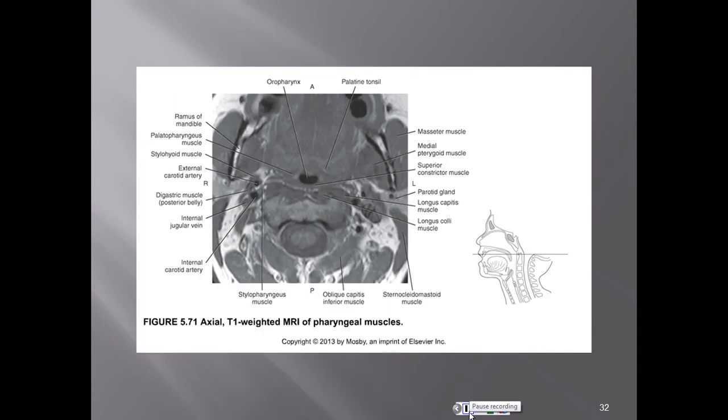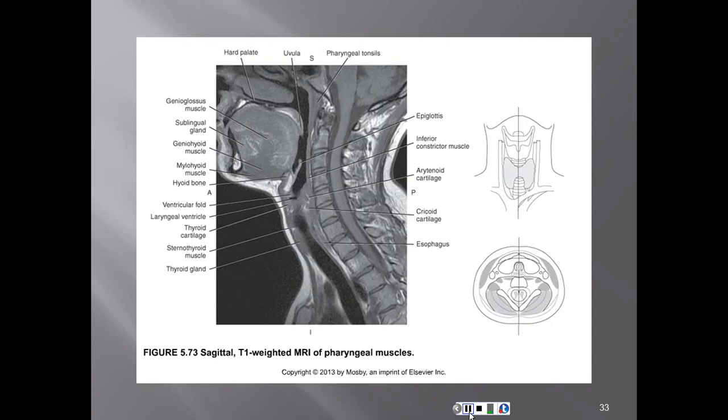In this image, you want to be able to identify the mandible, the masseter muscle, the pterygoids, the longus capitis and colli muscles, as well as the internal and external carotid. So on this image, we have discussed pretty much all the pieces of anatomy, and you should be pretty conversant with them all.